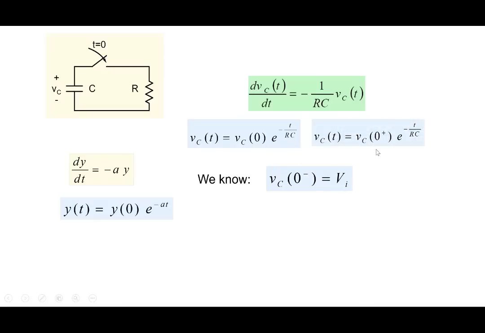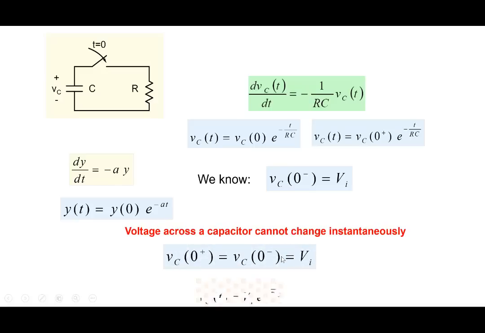So my expression then becomes, Vc0 minus must be equal to Vc0 plus here, and this is Vi, so we can substitute it here and get the expression Vct equals Vi e to the power minus t by RC. All right, so we now know how a capacitor discharges when it's connected to a resistor. It discharges exponentially in this particular manner.